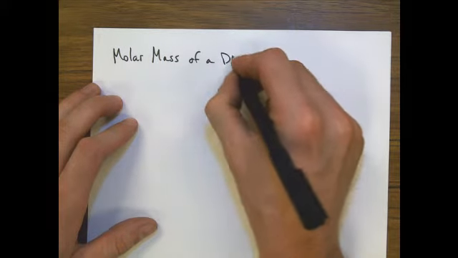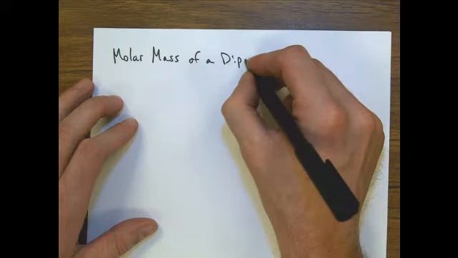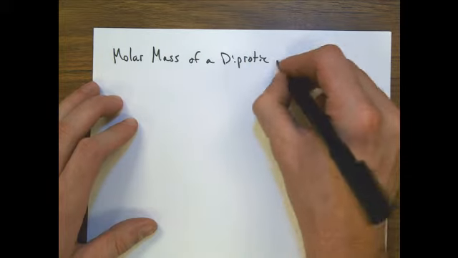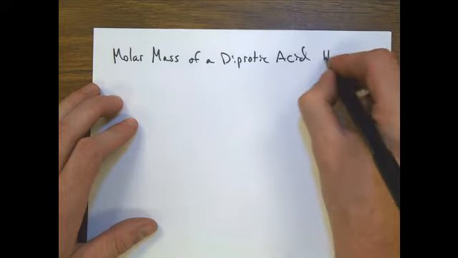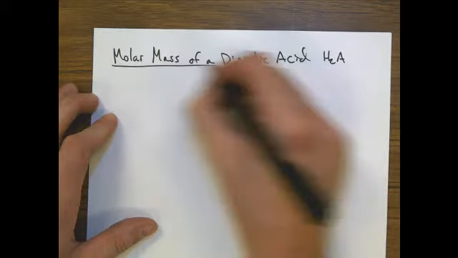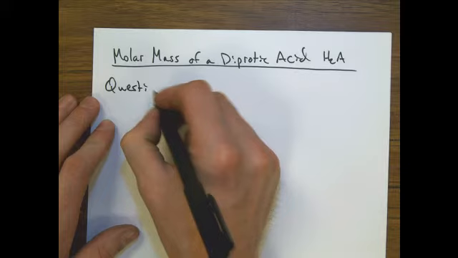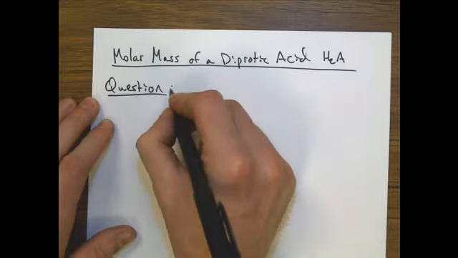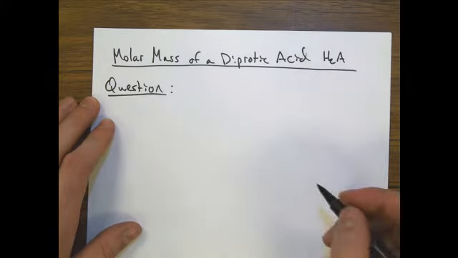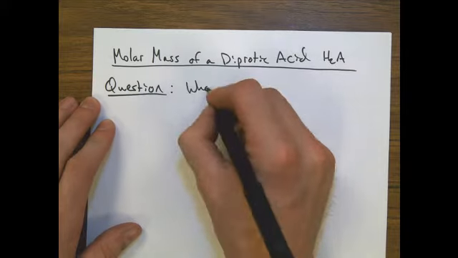And it's also going to be the title of the lab once you write it actually in your lab notebook. The question for this particular lab is going to be, what is the molar mass of the diprotic acid? It's a pretty simple question.